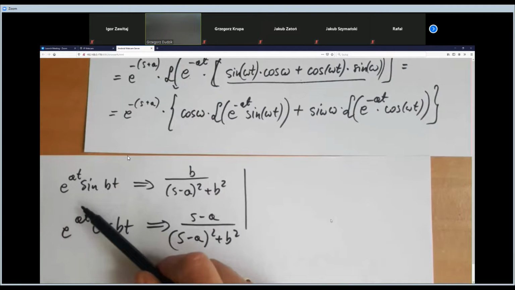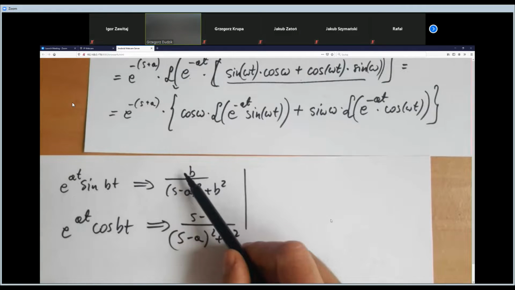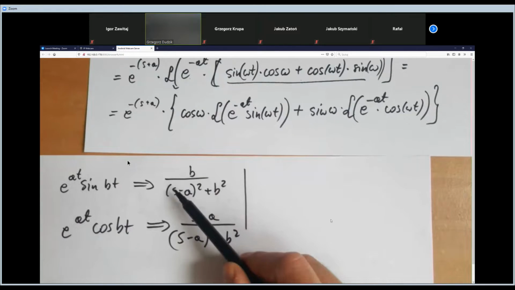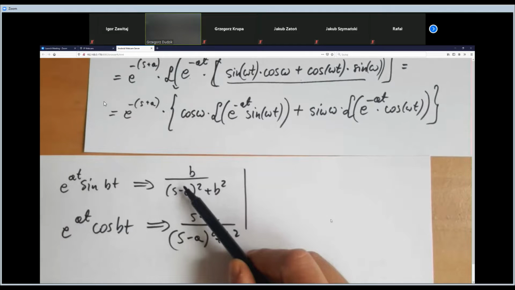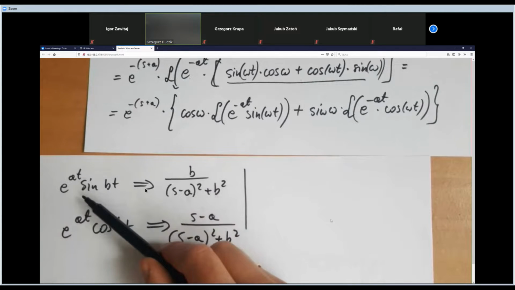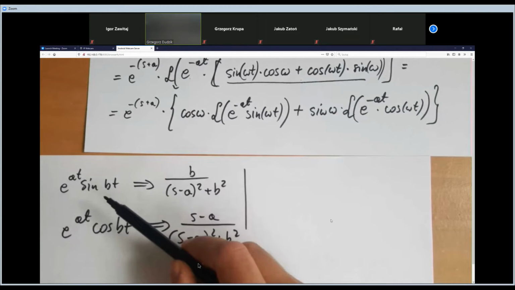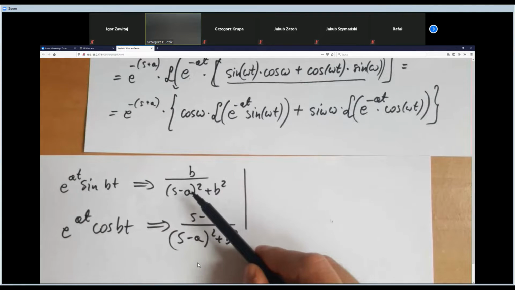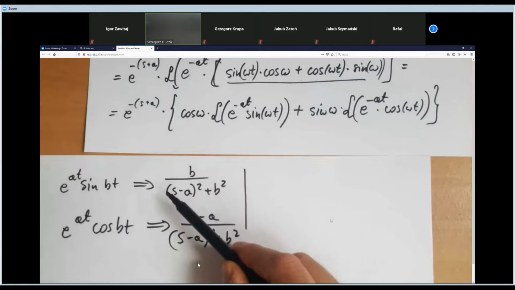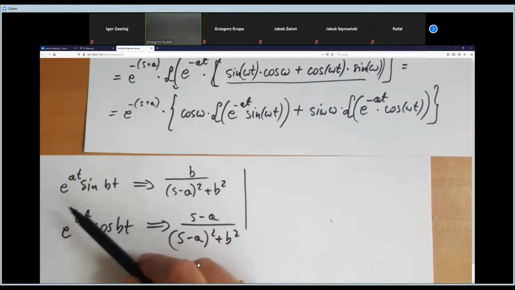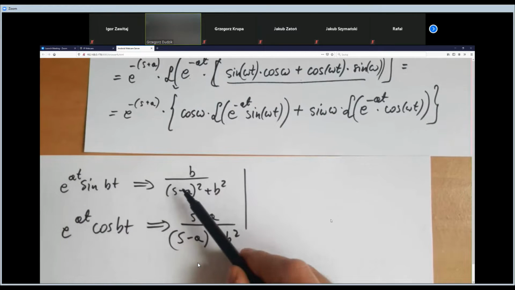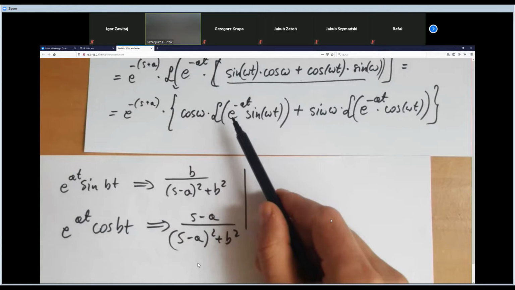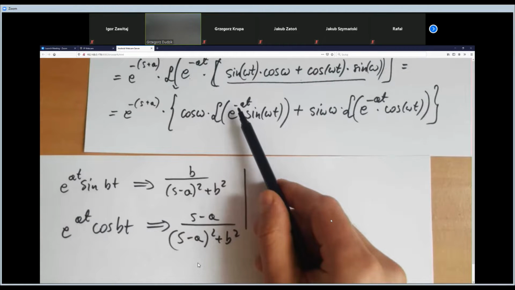Times sine bt. Look, this b is going here over the s squared, as for the separate sine function. However, we've got e to the power of at, so in place of s, we have to substitute s minus a. In our case, it will be s plus a because we've got the minus here.